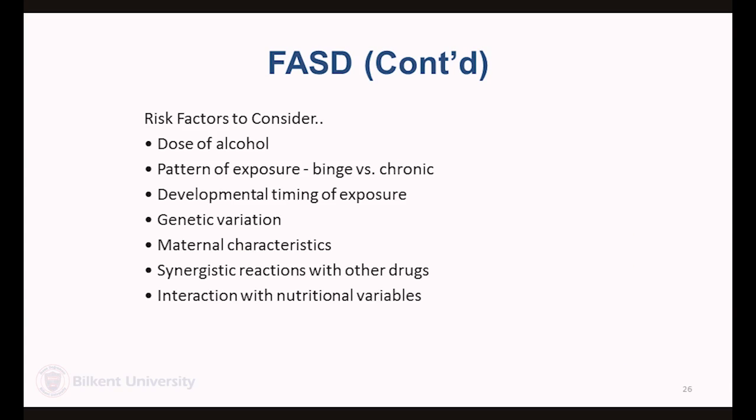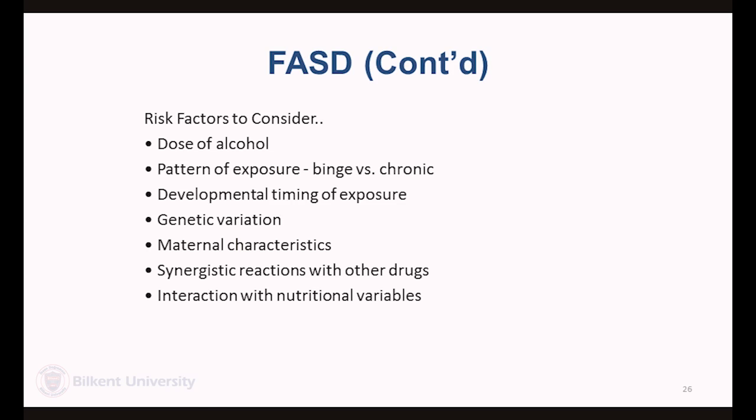So the factors to consider when we're thinking about whether a child born will be affected or not are the dose of the alcohol intake, how much the mother is drinking; the pattern of exposure, whether it's chronic drinking or binge drinking. Binge drinking would be getting drunk one night and drinking excessively, but not drinking regularly. Developmental timing of exposure: when is the fetus exposed?